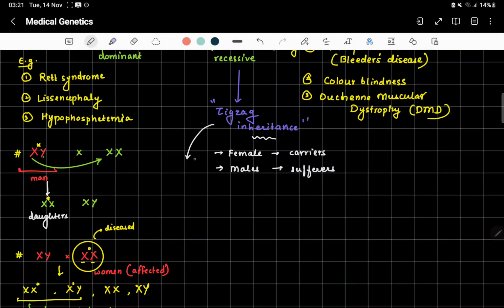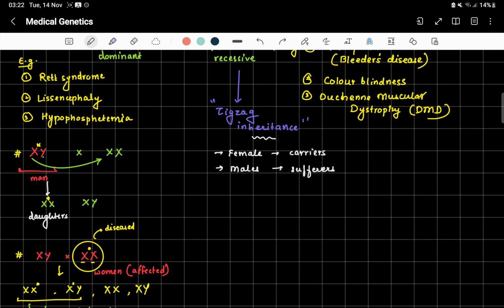Zigzag inheritance means that it escapes one generation and the trait appears again in the next generation. Generally the trait disappears within the generation. So this is just the inheritance pattern.